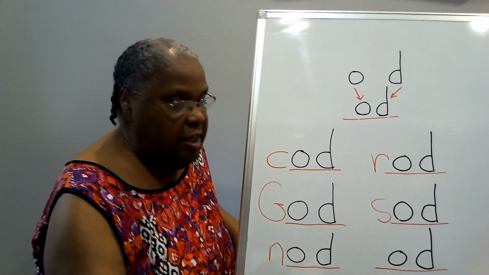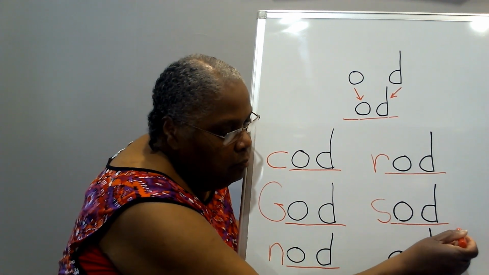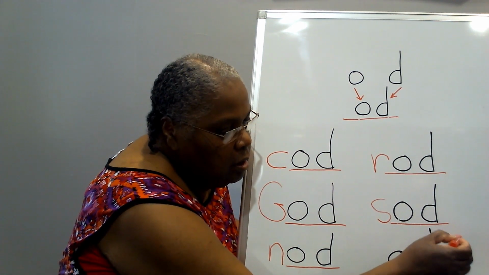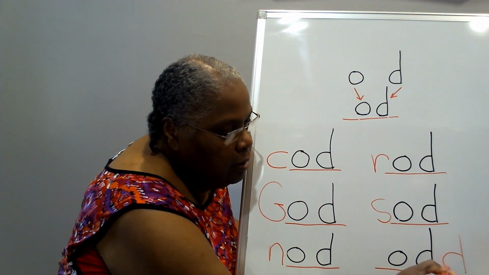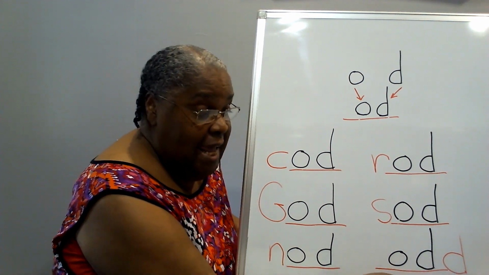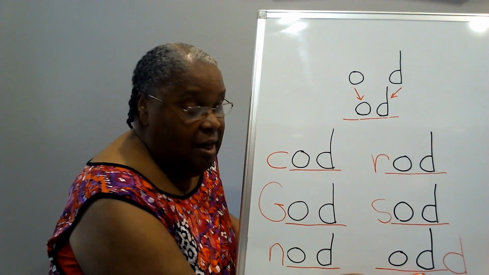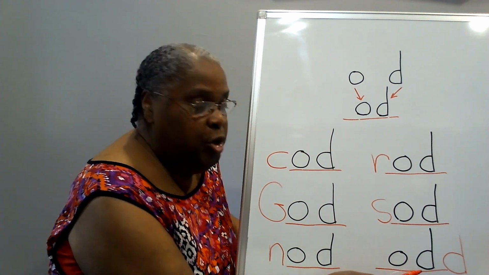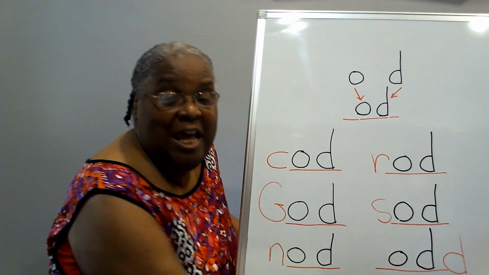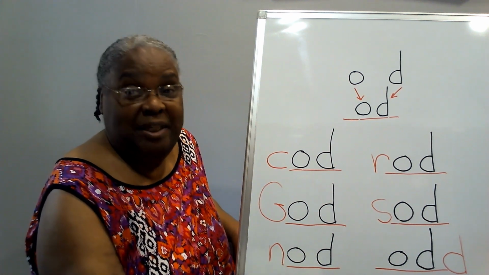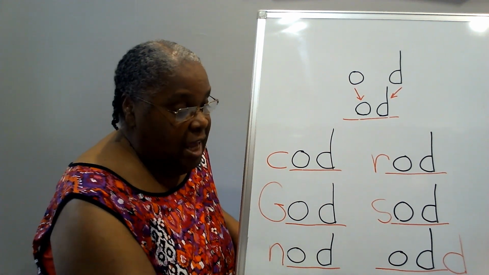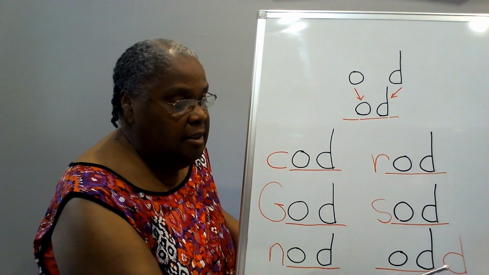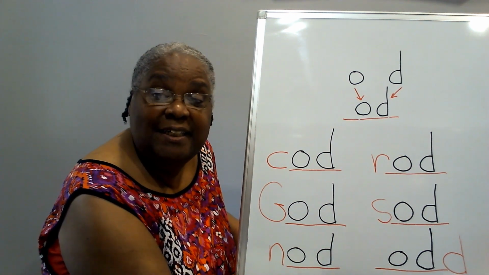When we put the letter D at the end of the blend odd, we form the word odd. Let us sound out the blend together. Say the sound of the blend, odd. Say the D sound, d.